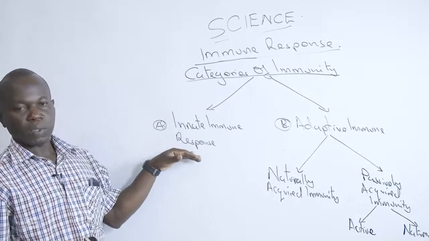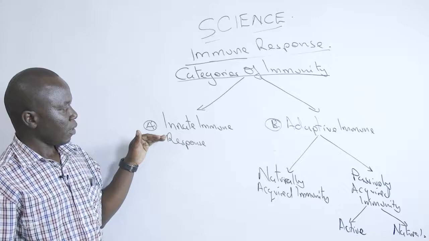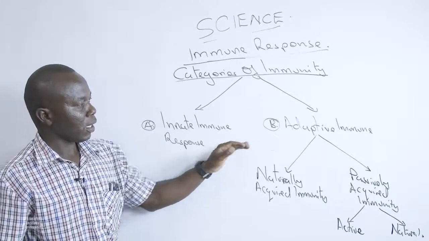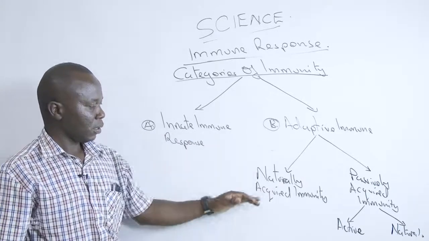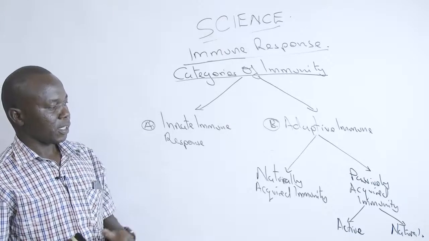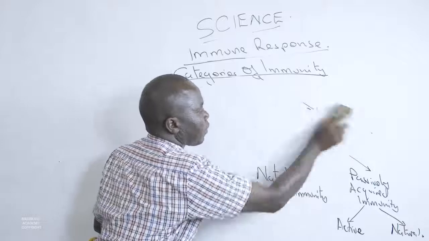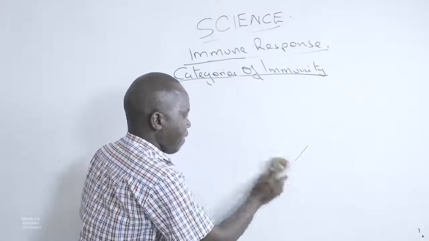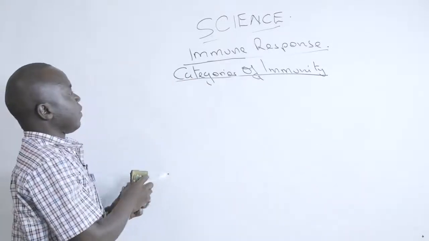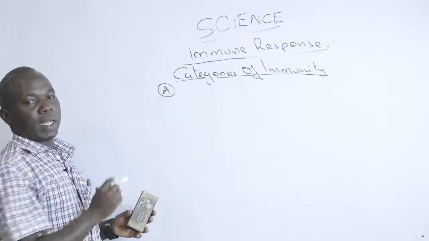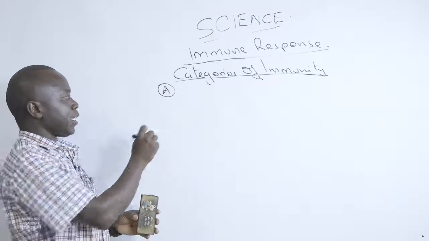So we are going to look at each one of them: innate immunity, adaptive immunity, what it means, and naturally acquired, passively acquired. So let us start with the first one, innate.